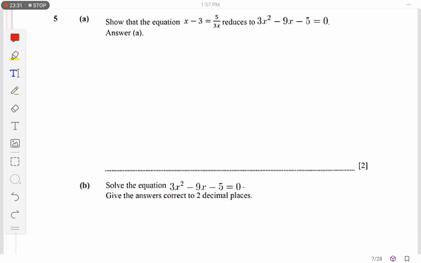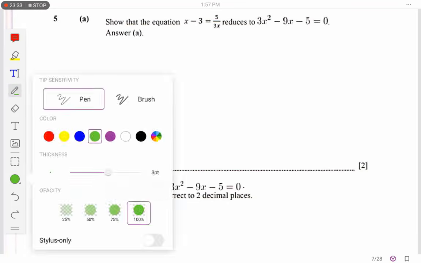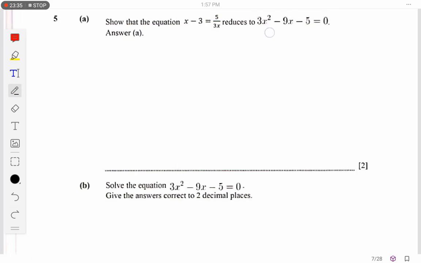The next question is saying, show that this expression reduces to that. So let's do that. We cross multiply, like that. We are going to get 3x multiplying x minus 3 is equal to 5.